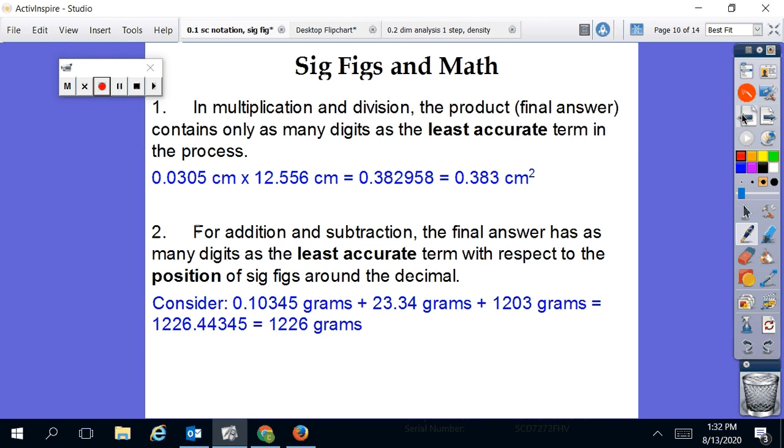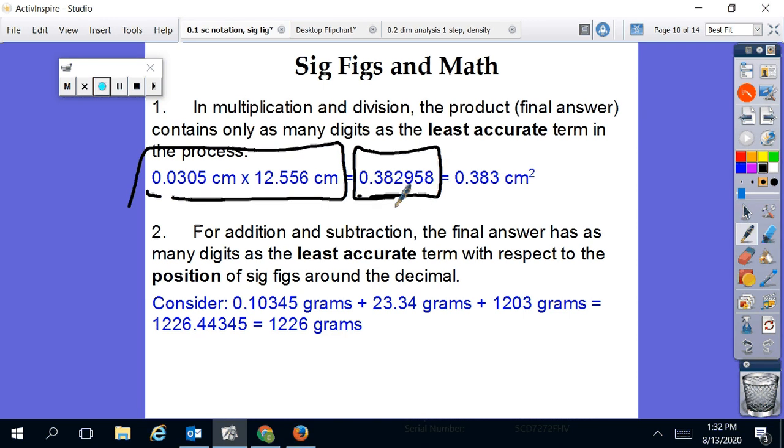Okay, so for example, let's look at this problem here. You have 0.0305 centimeters times 12.556 centimeters. Okay, you do the math in your calculator and you get this big long answer. Okay, well, you got to report it to the right number of significant figures.